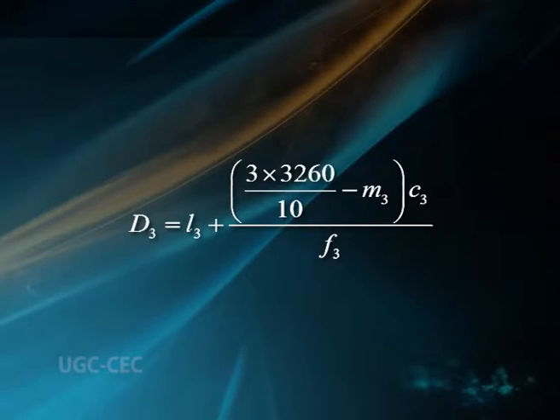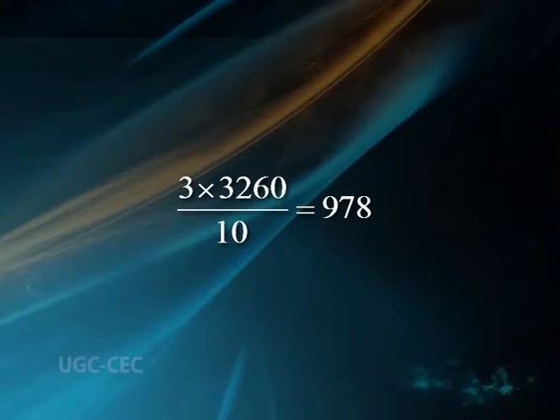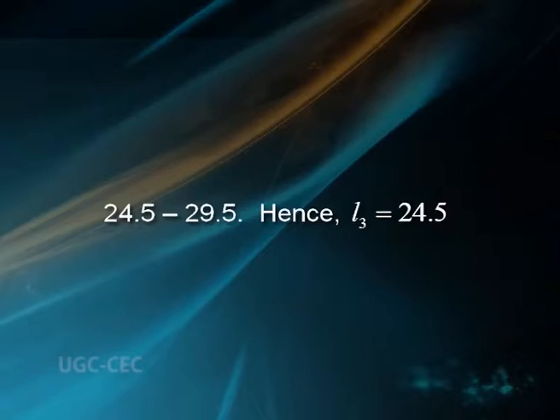Numerically, we get these values more precisely. D3 equals L3 plus (3 into 3260 by 10 minus M3) into C3 by F3. Since 3 into 3260 by 10 is 978, the class in which the 978th observation lies is 24.5 to 29.5.